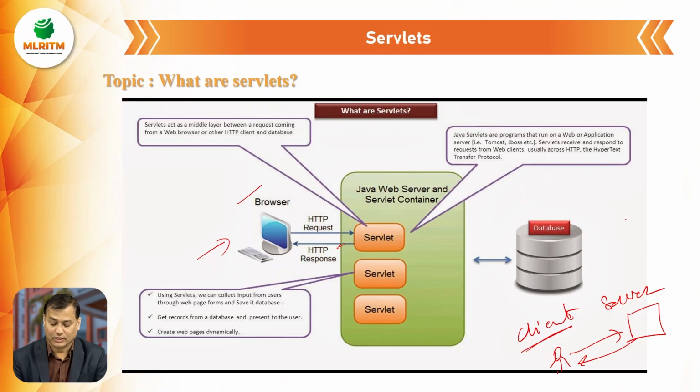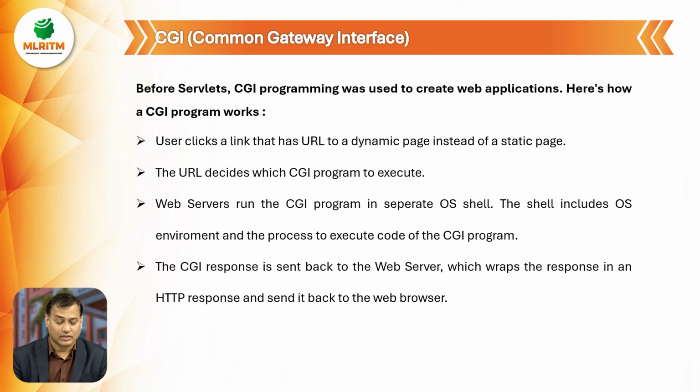Before servlet technology, there was another technology named CGI. CGI is a technology which is used to handle this client request and response. So before servlets, CGI programming was used to create web applications. Here is how a CGI program works. The user clicks on a link that has a URL to a dynamic page instead of a static page.